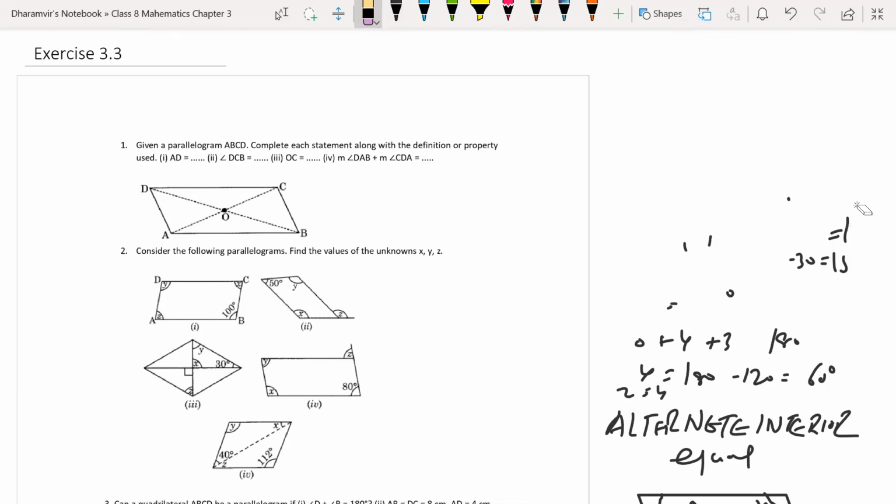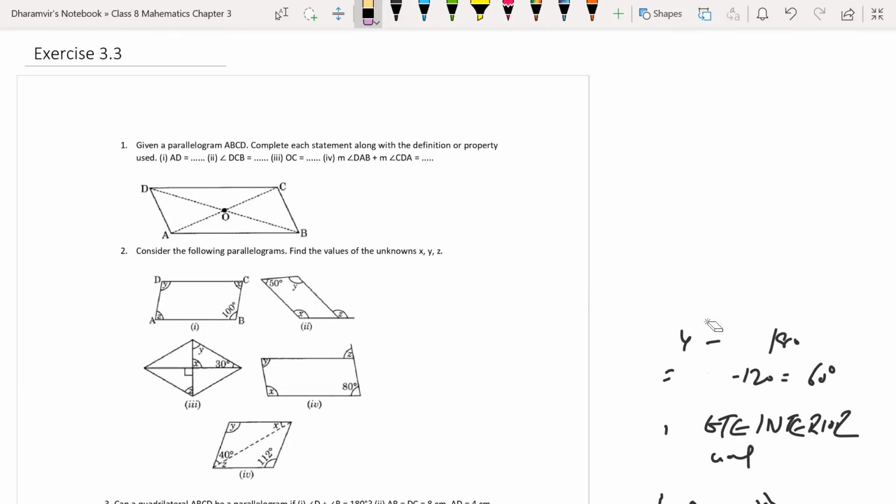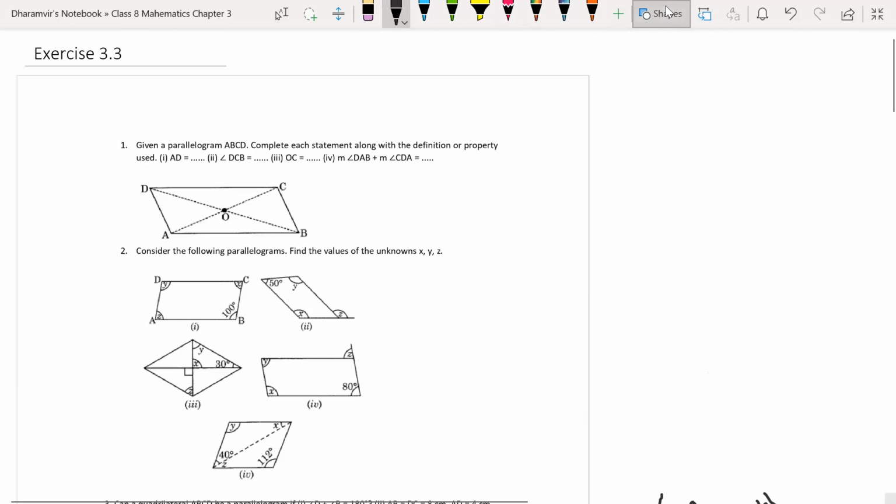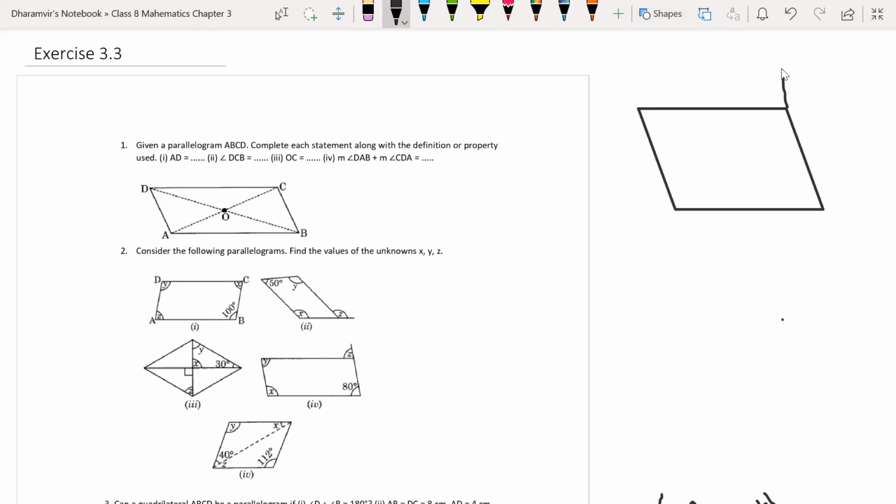Now, for part 4, x, y, z. This is again a parallelogram. This is the parallelogram, and this is z.